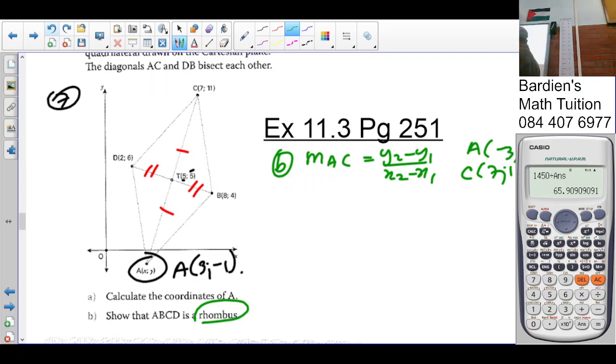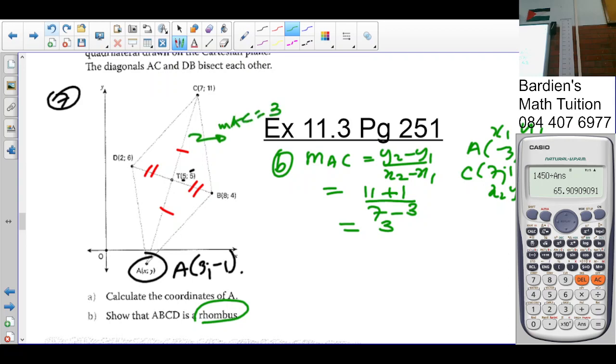Okay, so if this is x1, y1, x2, y2, we go with this formula: 11 minus 1 over 7 minus 3. That simply gives us a gradient of 12 over 4, which is 3. So the gradient of AC is going to be 3.